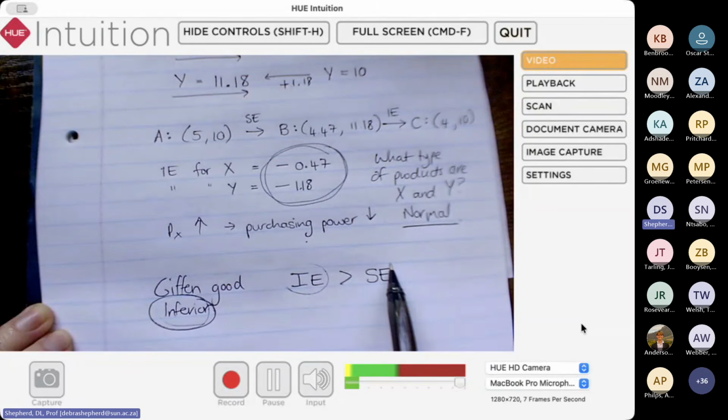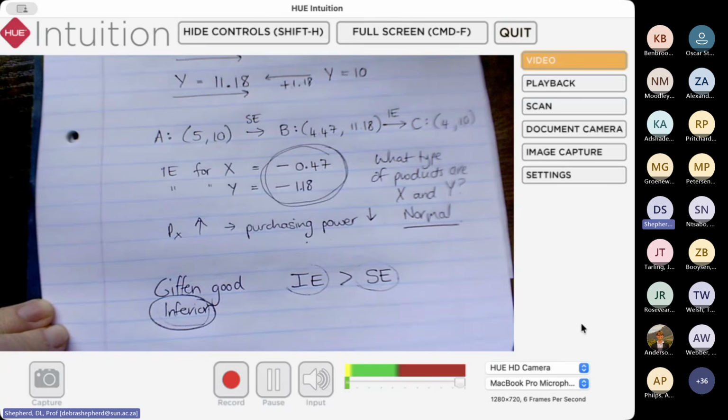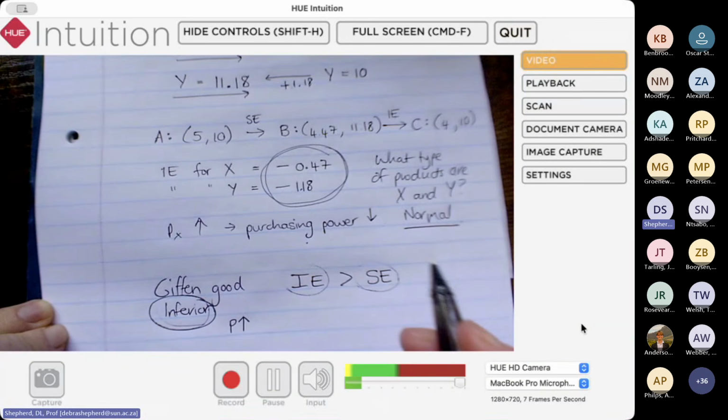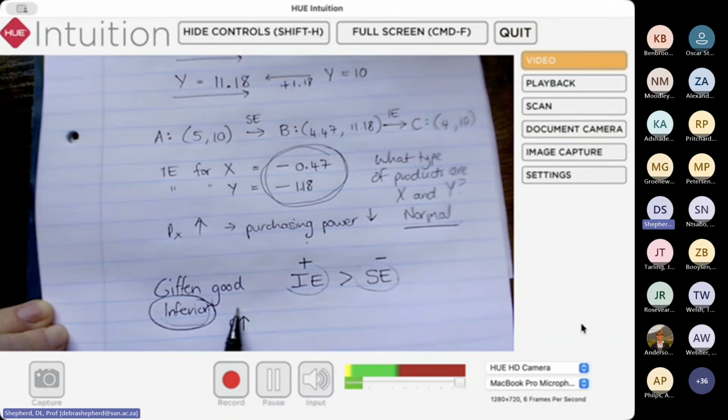And the reason this gives us a Giffen good is because let's say there's been a price increase for this particular good. It means the income effect would be positive and the substitution effect would be negative, right? Because if the thing becomes more expensive, we substitute away from it towards the other good. And if the price goes up, my purchasing power goes down. And because it's an inferior good, my income effect is positive.